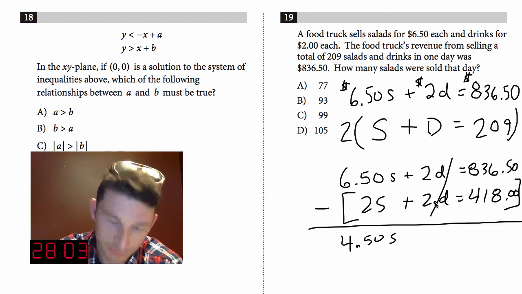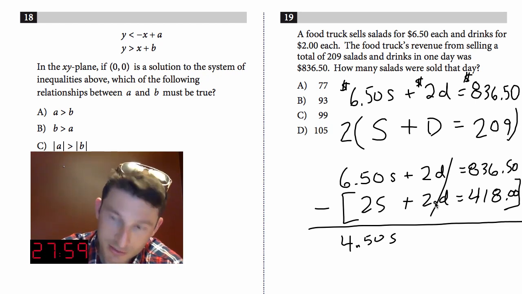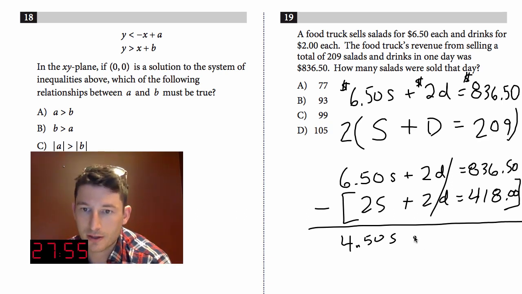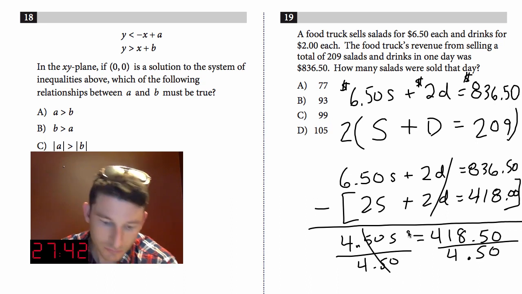Let me use the calculator for this one. 836.50 minus 418 is 418.50. Divide by 4.50. What do we get?